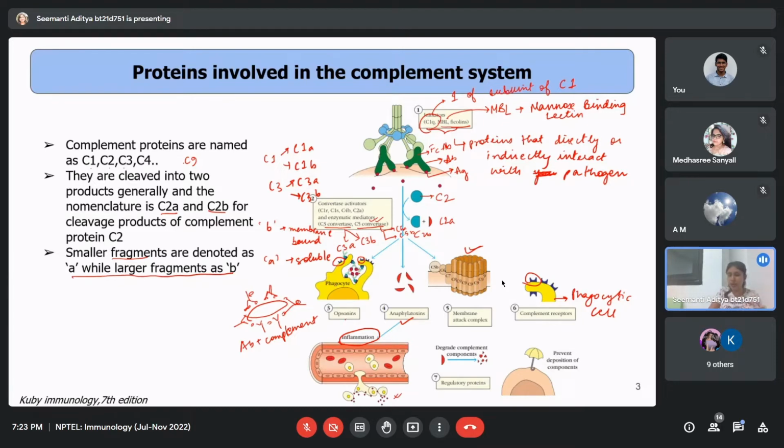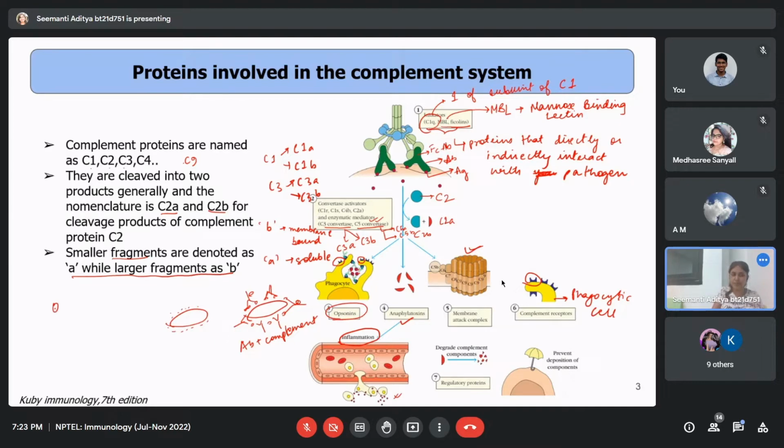So what are opsonins? These are called opsonins. If some proteins coat the surface of antigens, and those proteins help the phagocytic cells take up the antigen more efficiently, then they are known as opsonins, and the process is known as opsonization.